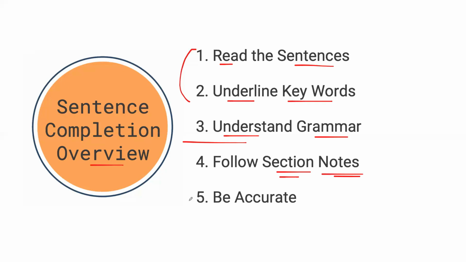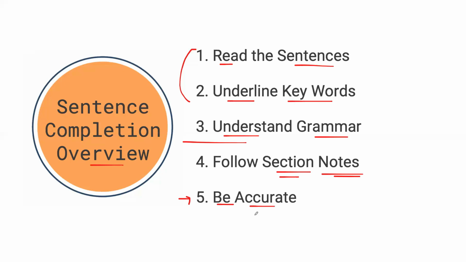And then lastly, of course, since you are writing out your answers, you want to be accurate. If the instructions call for no more than 3 words, make sure you are writing no more than 3 words, because if you do not follow that and write 4 words, for example, you will lose points.